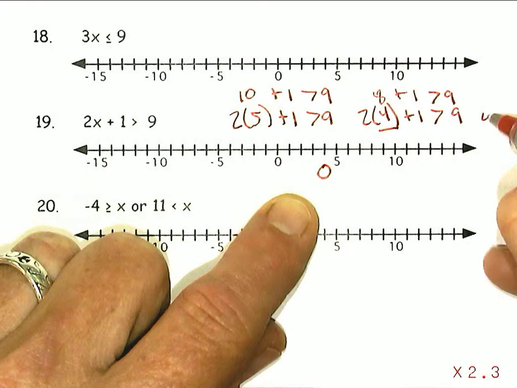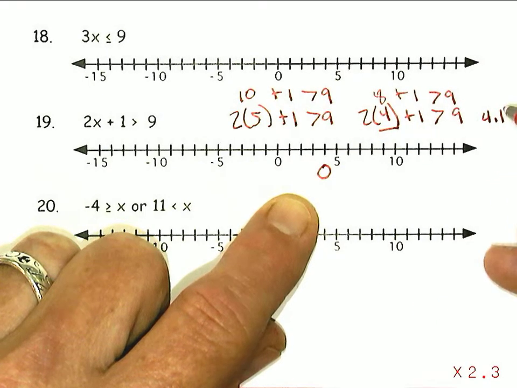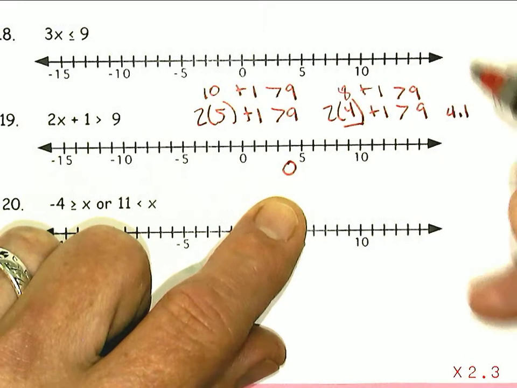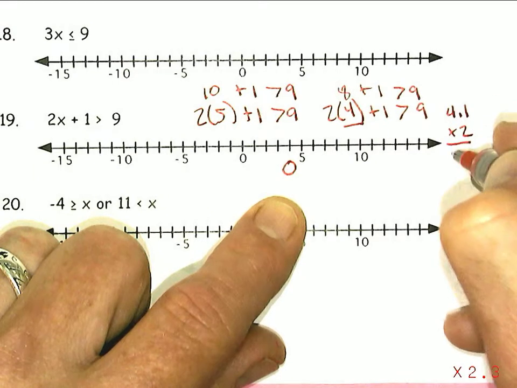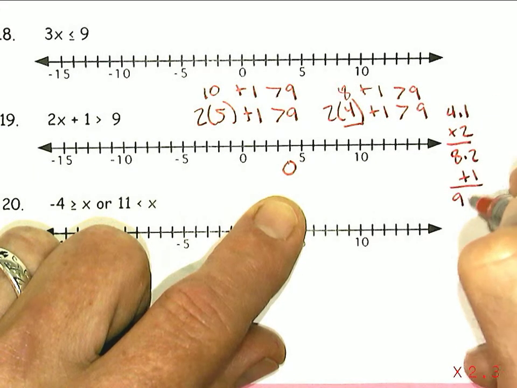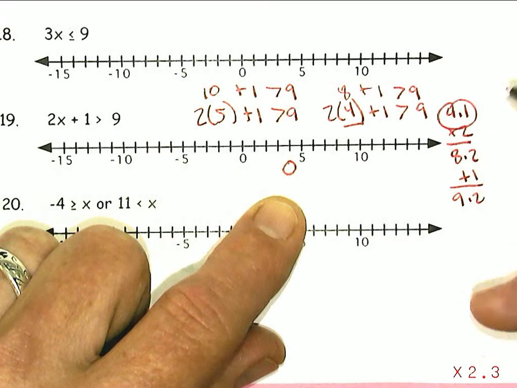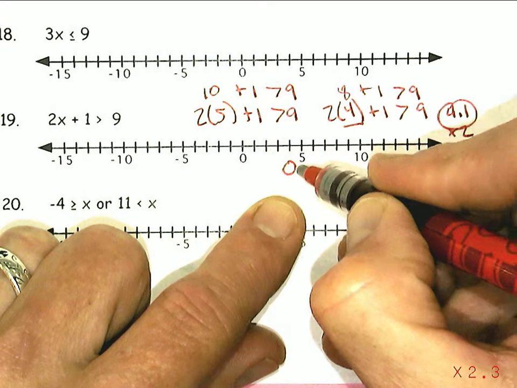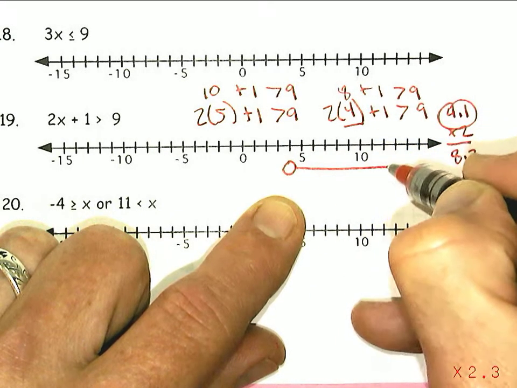If I went 4.1 times 2, that is 8.2 plus 1 is 9.2. See, that works. So anything bigger than 4 would make this true.